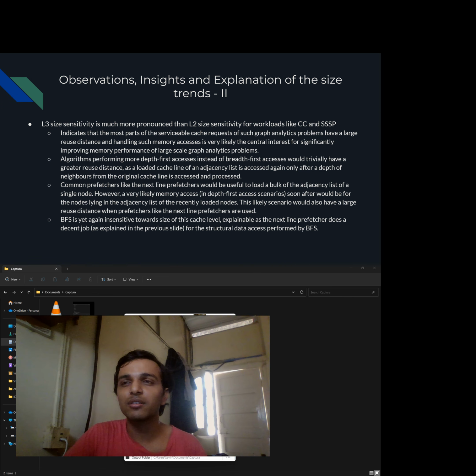And for such a situation, we can make a customized prefetcher which can handle this scenario specifically. BFS, as I mentioned, is quite insensitive towards the size of this cache level.